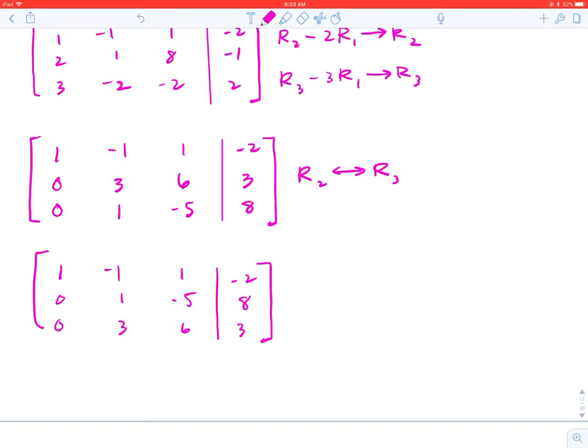And now I can use row 2 to help me make 3 a 0. So I'll do row 3 minus 3 times row 2 to replace row 3.